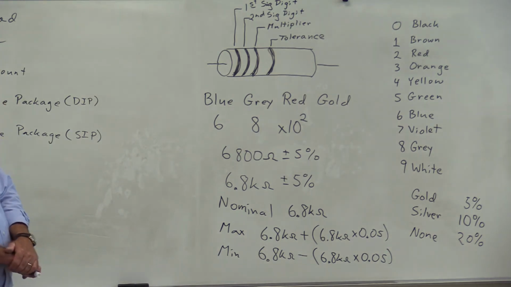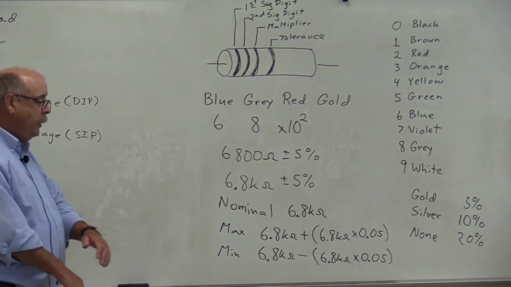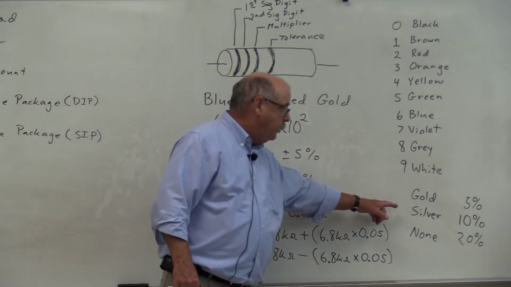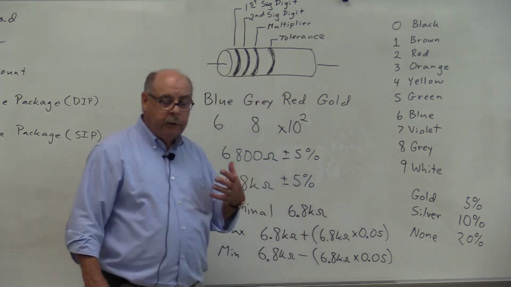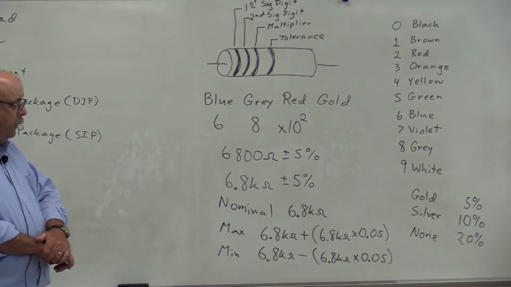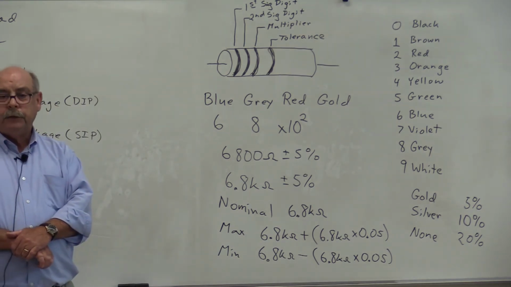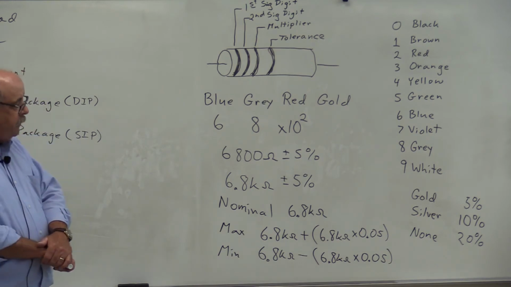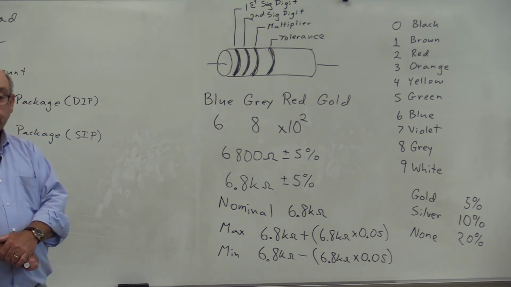We're even hard-pressed today to buy a 10% tolerance resistor. The manufacturing procedures or quality is so good, 5% is the highest percentage I generally see.